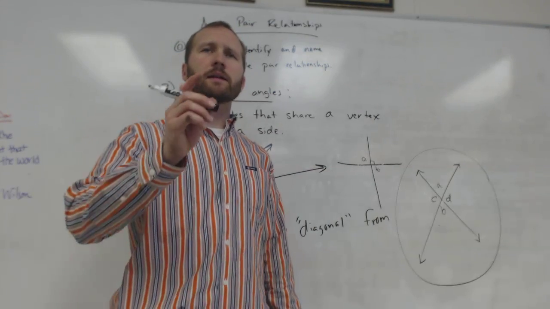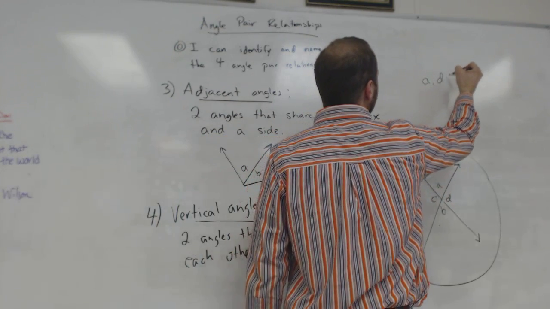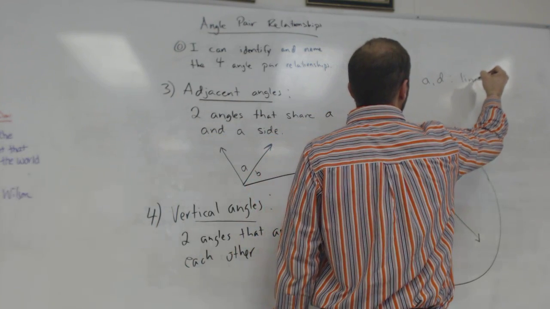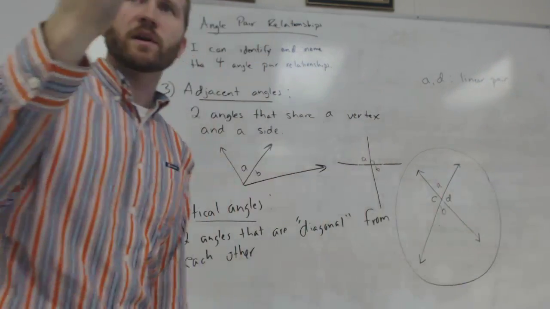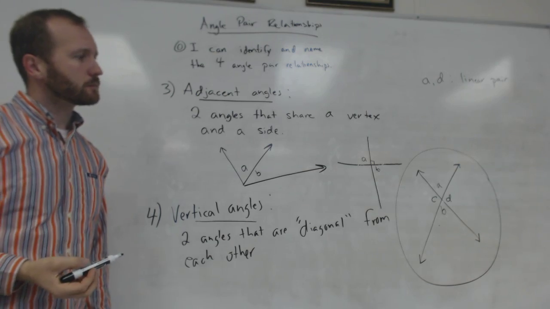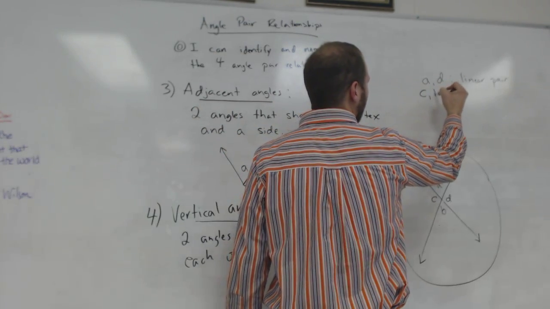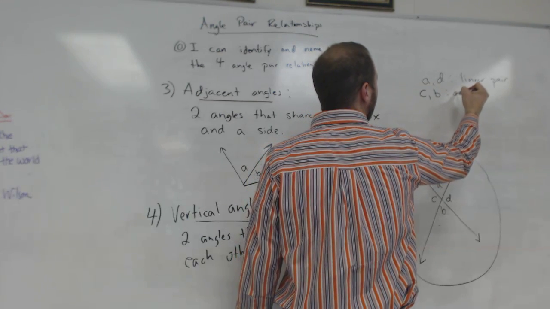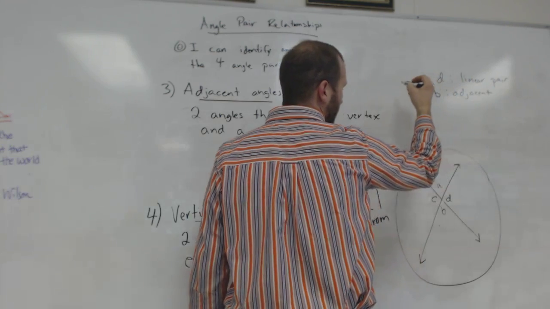So we've got A, D, linear pair. Mira. C and D are adjacent angles. Yeah, C and B are adjacent. Yeah, and so are the others.